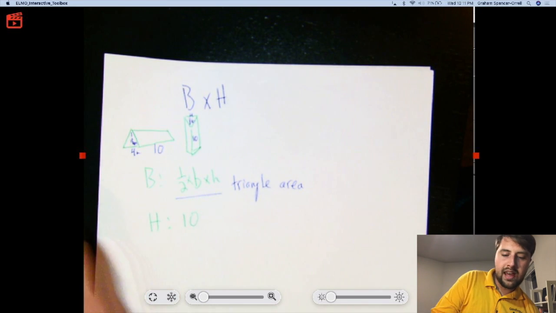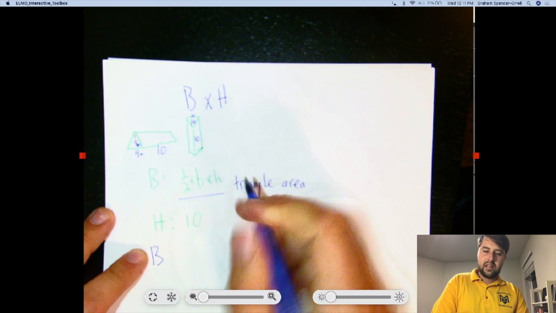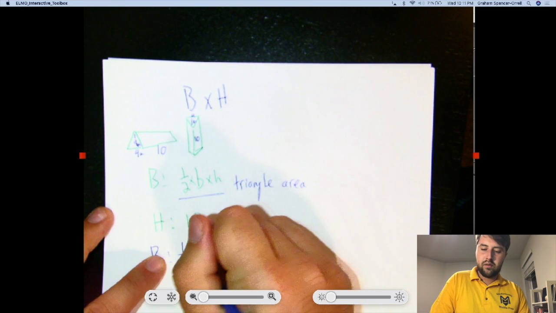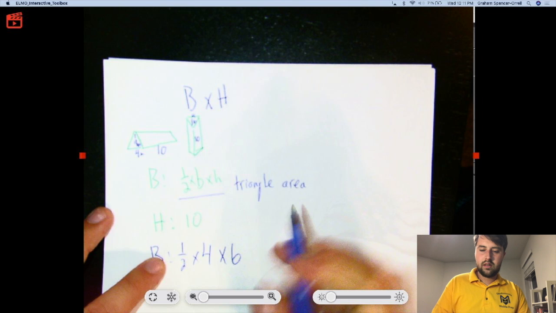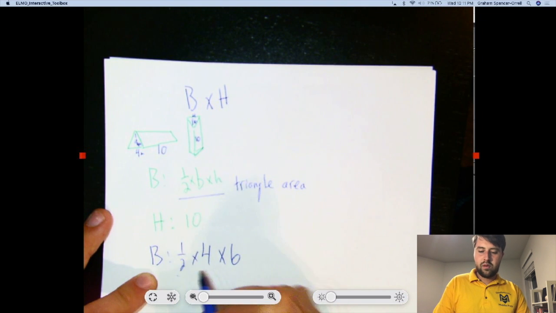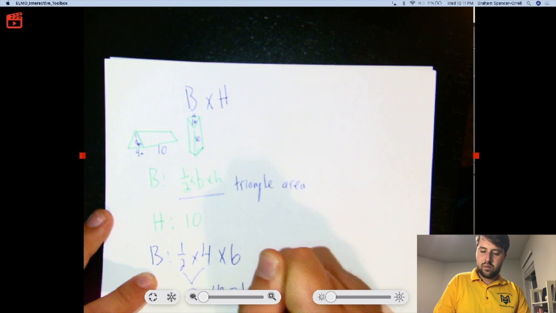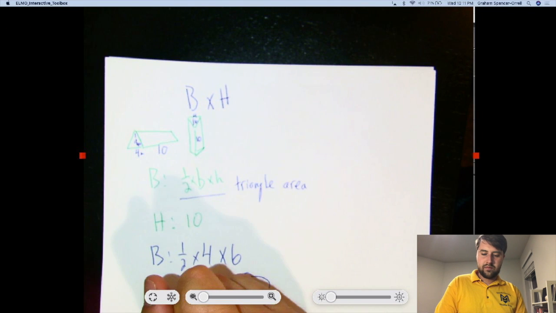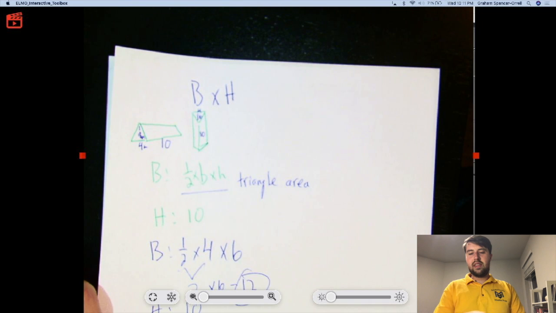So we can go ahead and solve for B down here, putting in our numbers. We have 1/2 times our base of 4 times our height of 6. I know 1/2 of 4 is 2, then 2 times 6 equals 12. And then we have H, as we know, is 10. So then we put that down into our equation down here.